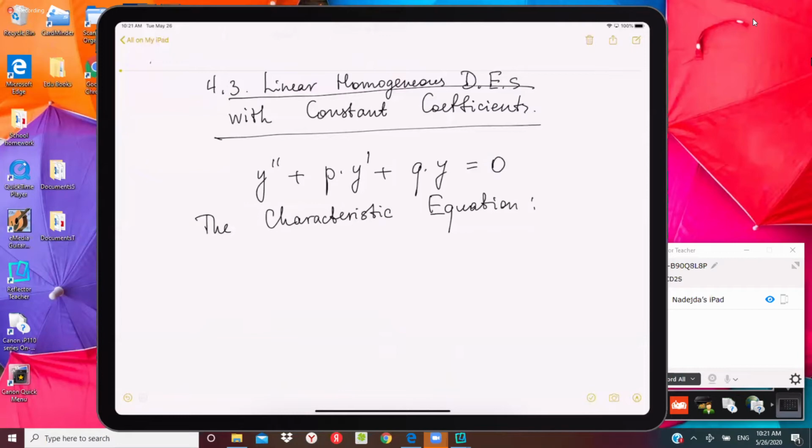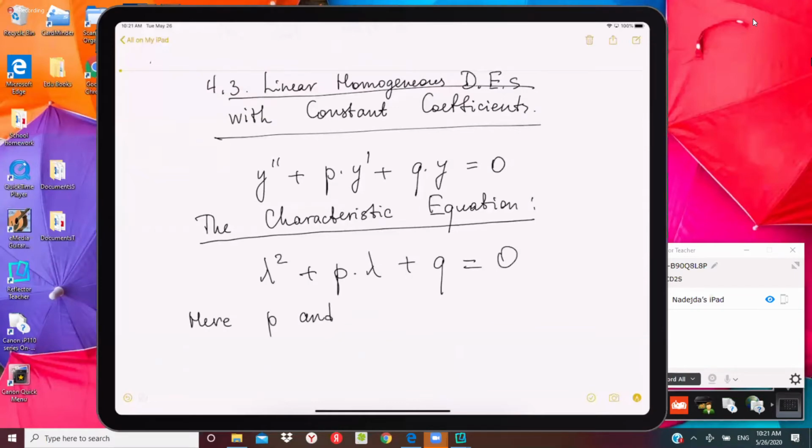I'm going to replace y double prime with lambda squared, plus p times lambda, plus q. So this is called the characteristic equation. Keep in mind here, p and q are constants. Those are just numbers.